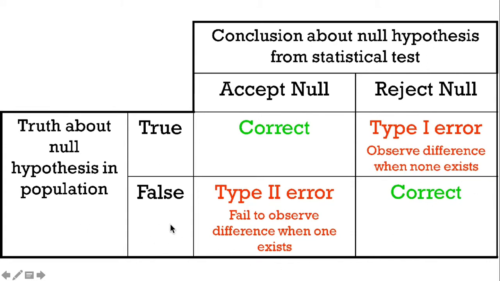If we are incorrect and we accept the null, saying that there is no difference when in fact there is, we commit a type 2 error. And then if we reject the null and that's in fact correct, this is here.